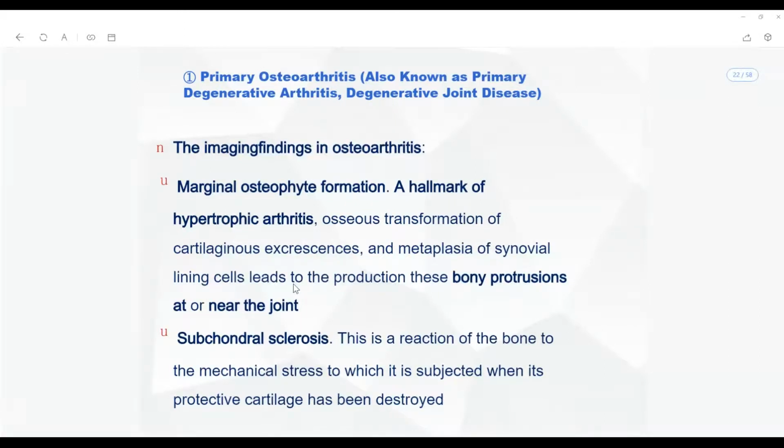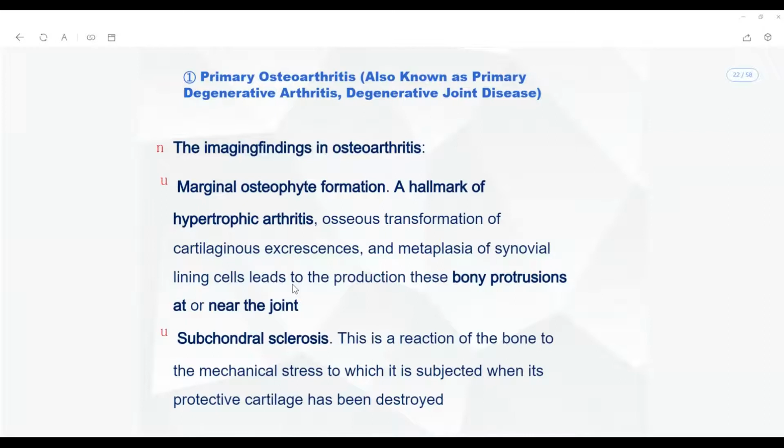Cartilaginous excrescence in the sense, what actually happens here is that the cartilage is going to get a lot of destruction. Then again, a new cartilage has to form. But this time, the new cartilage is not going to form the same way as replacing the destroyed cartilage in the olden times.